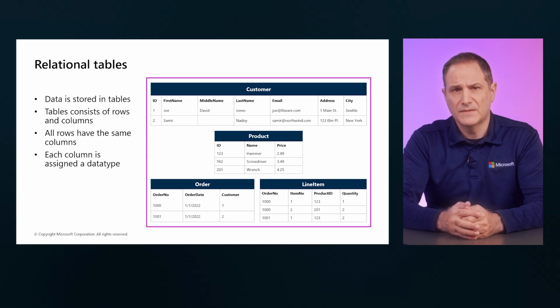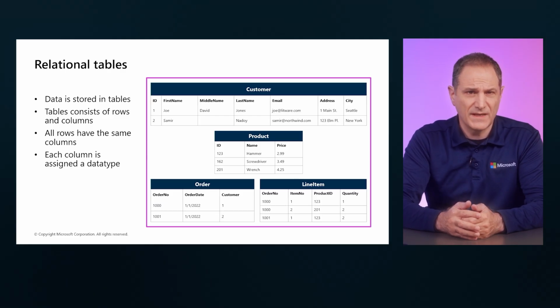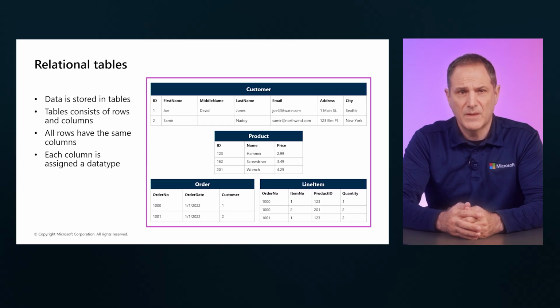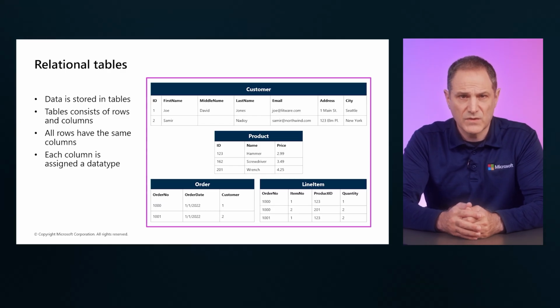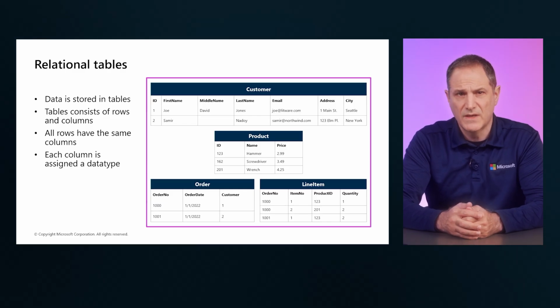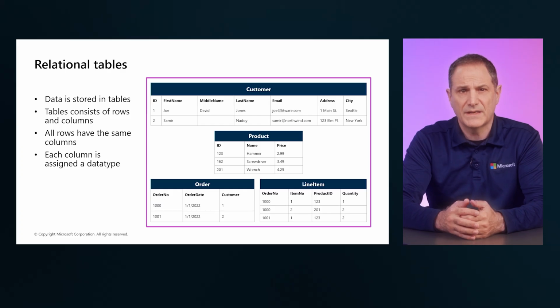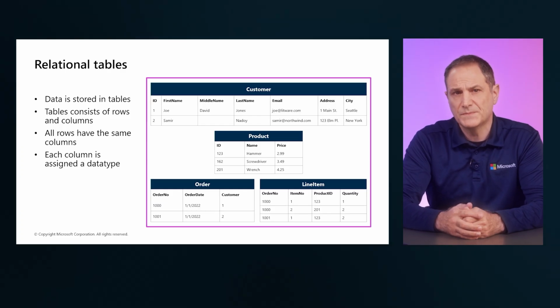Different database engines support different sets of data types, but many are standardized by the American National Standards Institute, or ANSI. That standardization means that essential concepts remain the same across platforms, even though each system might add additional specialized types.